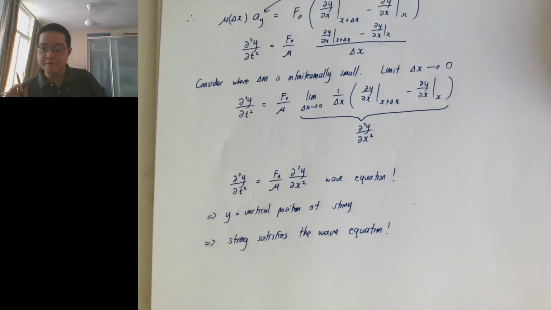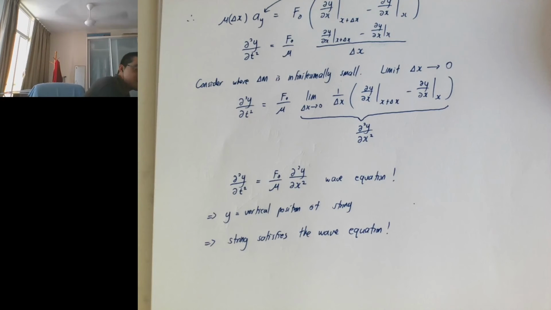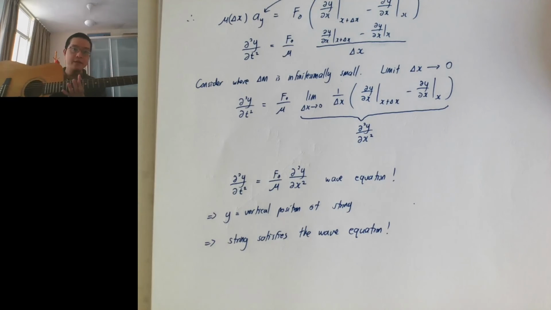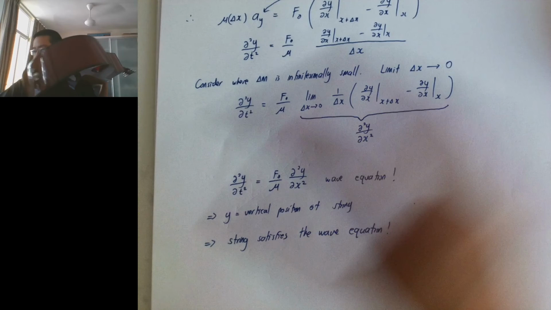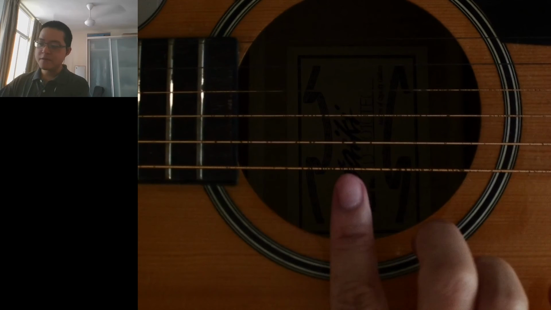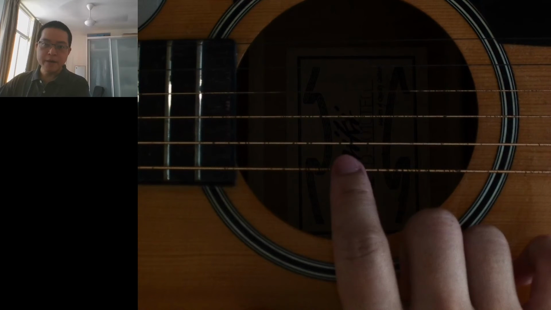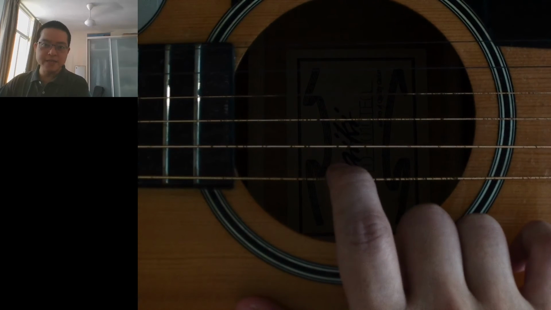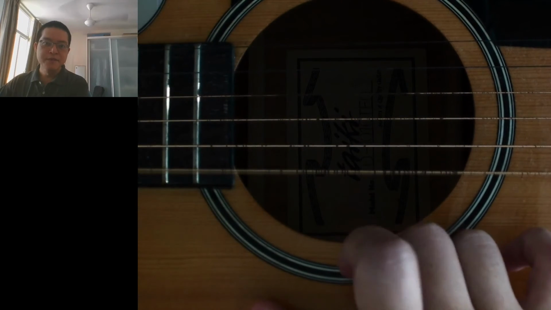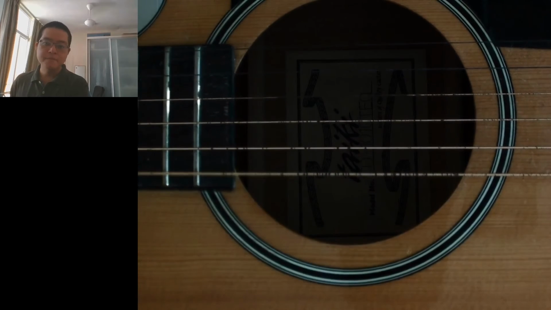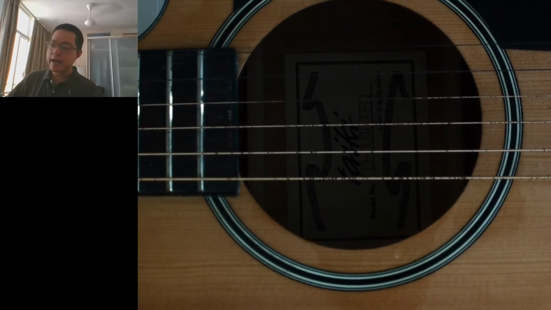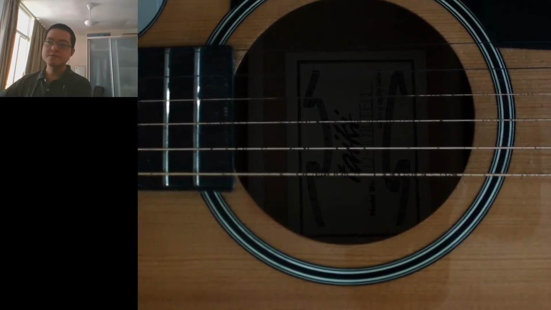The variable y is your guitar, right? If your guitar is in equilibrium, then y is 0 everywhere. But if I move the guitar a little bit, there's a vertical displacement, and it changes over time. That is what I mean by y, and it satisfies the wave equation.